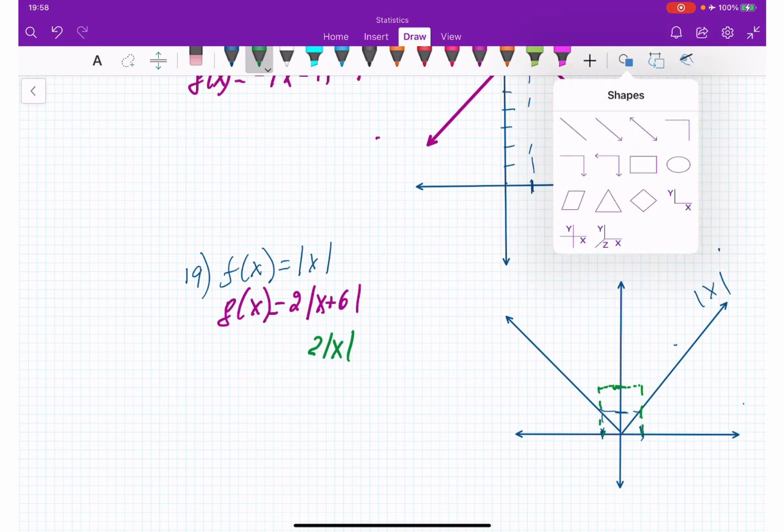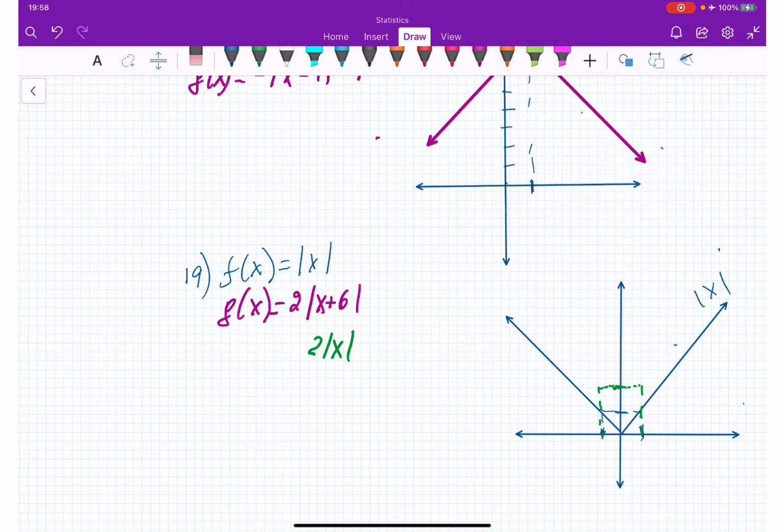And now let's build the graph. So this is our 2 absolute value of x.